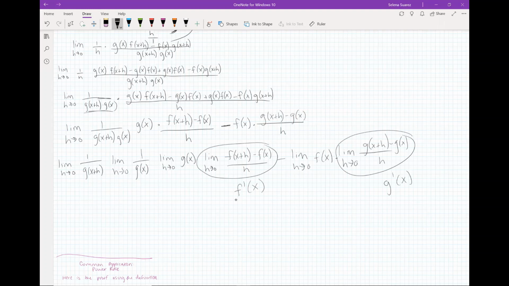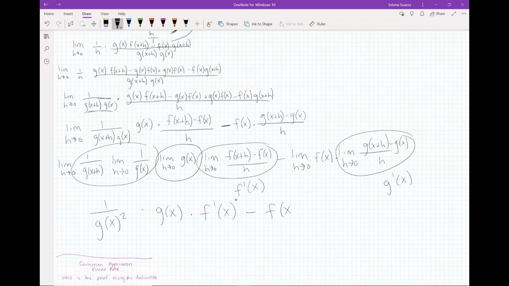So we can already see it all coming together now. So we have 1 over g of x squared, so that's these two here, okay, times g of x, that's this guy here, and then times f prime of x, that's that one, minus, and then I have f of x times g prime of x.